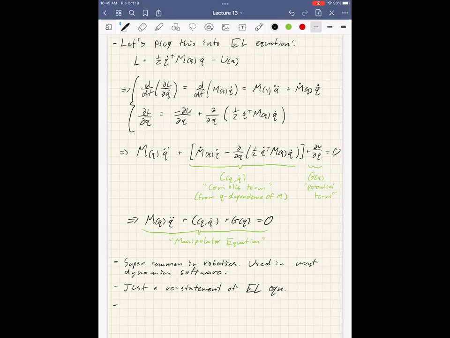It turns out I can refactor that expression a whole bunch of ways because it's nonlinear in q dot, so I can pull q dot out in various ways. There is a standard way, but there's no consistent definition of that matrix C from software package to software package and textbook to textbook. The reason I'm not doing that is because it's non-unique and there's some iffiness in the exact definition of that C matrix. So yeah, you'll see that sometimes.